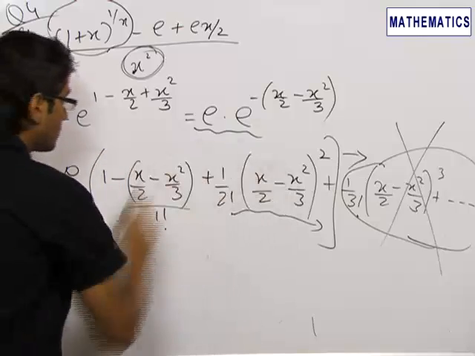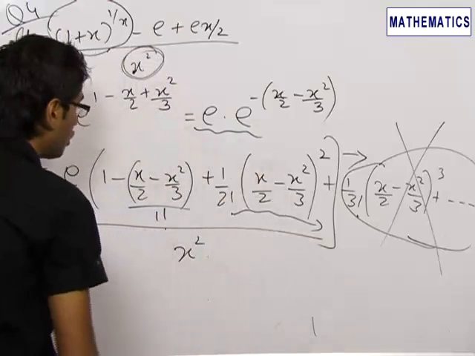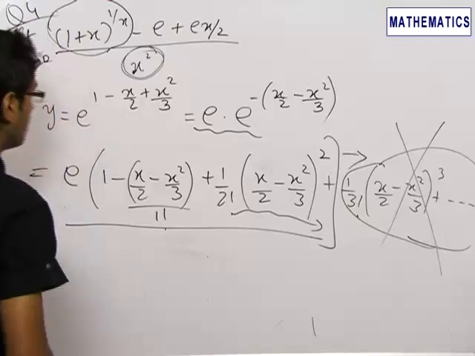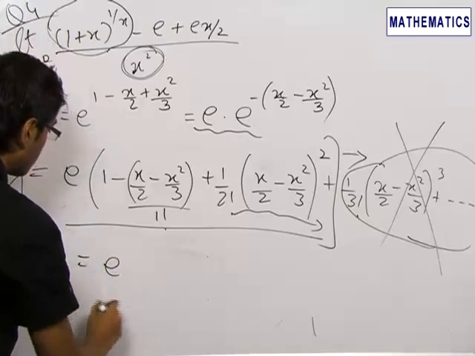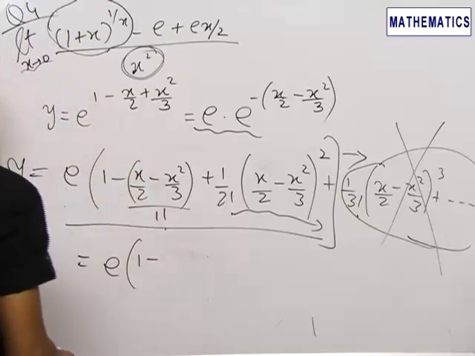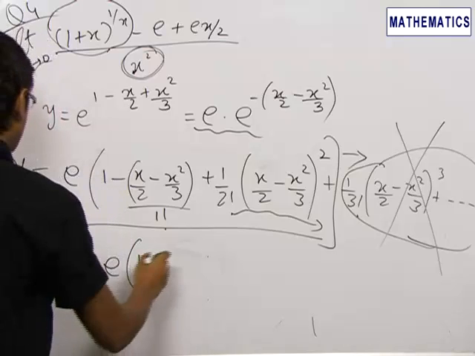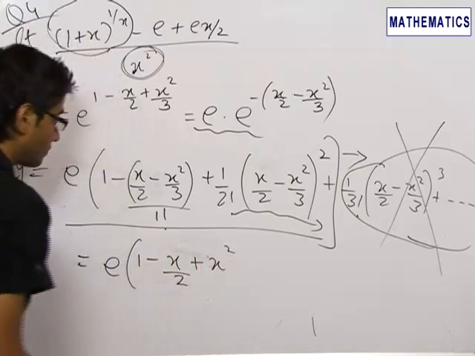This is the value of y, which is e times, collecting the coefficients of x and x², 1 − x/2 + x².